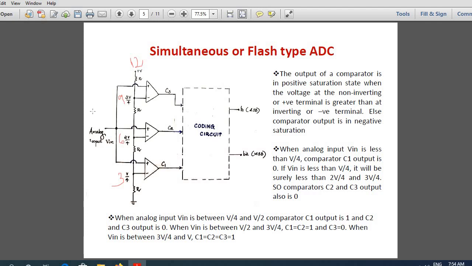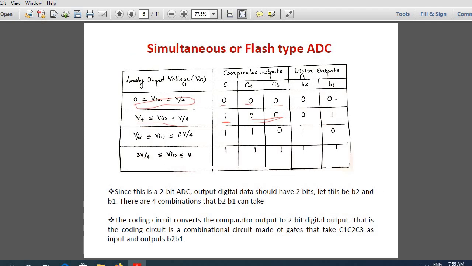Say my analog input voltage is 8 volt. So my 8 comes here, here, and here. This output goes 1, this output also goes 1, but this one is 0. Similarly, you can analyze the last case when your input voltage is between 3 V by 4 and V. You will get all the comparator outputs as 1.